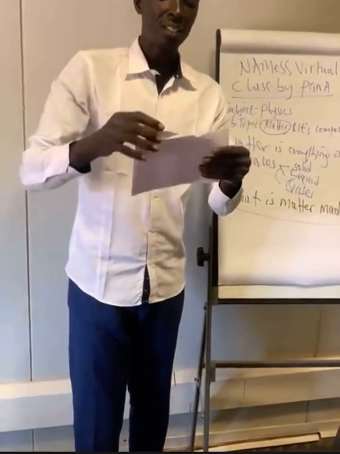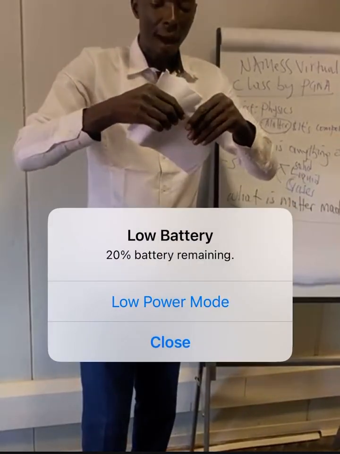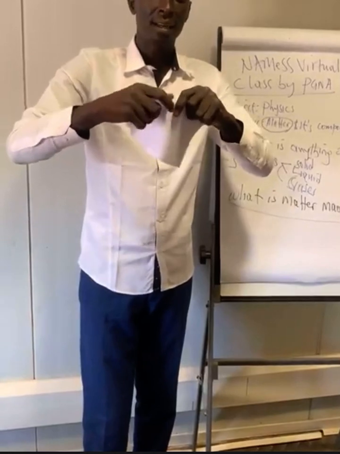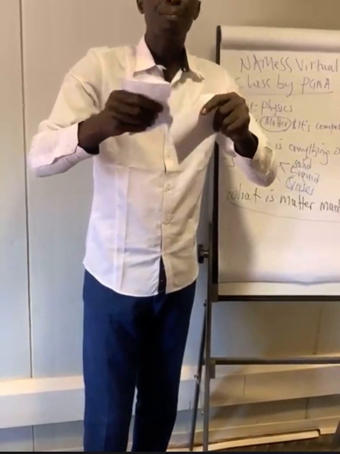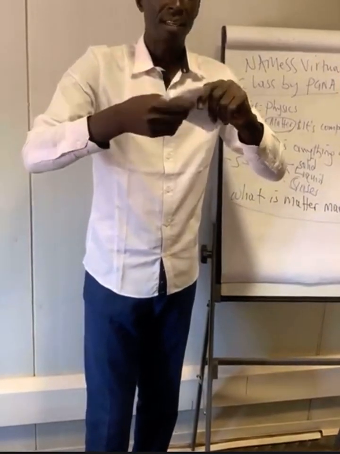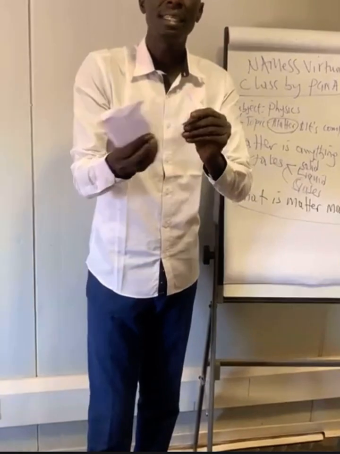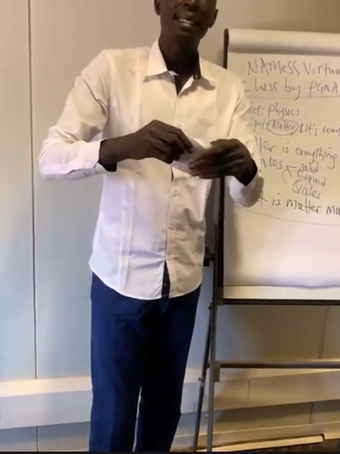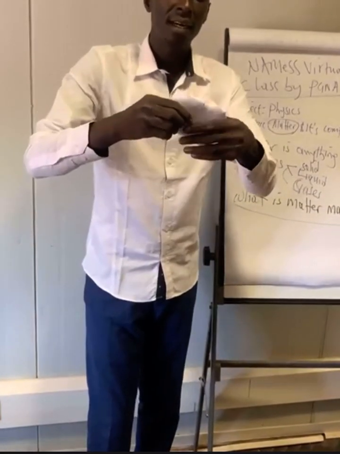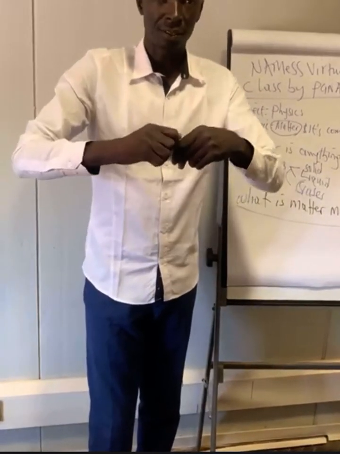And then as you break it into two, keep breaking a piece of paper. As you keep breaking this piece of paper, it keeps reducing in size, giving us smaller particles.